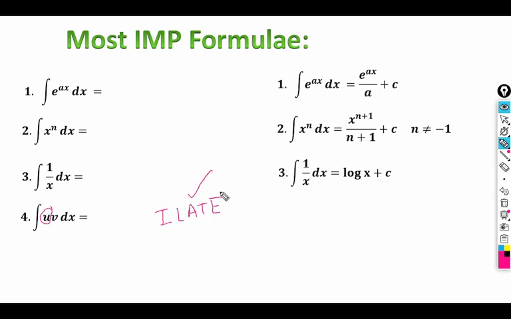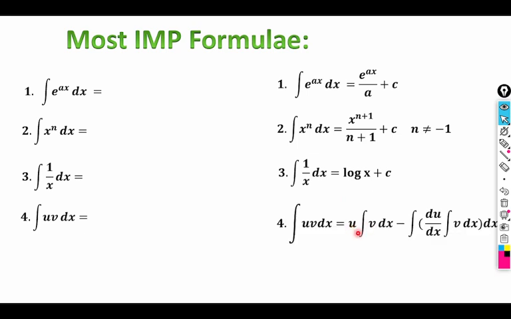So algebraic will be the first function u and v will be the exponential. So integration by parts says: first function into integral of second, minus integral of derivative of first into integral of second. That is integration by parts.